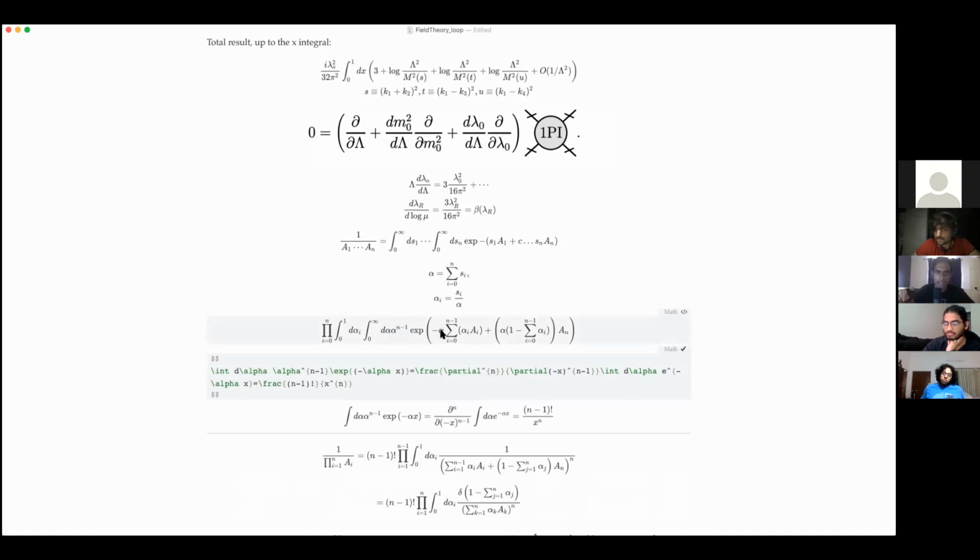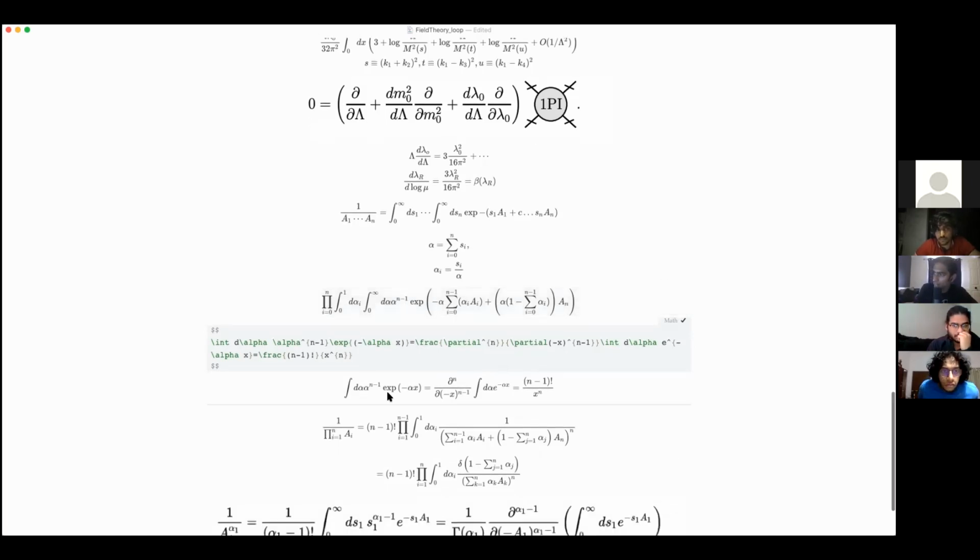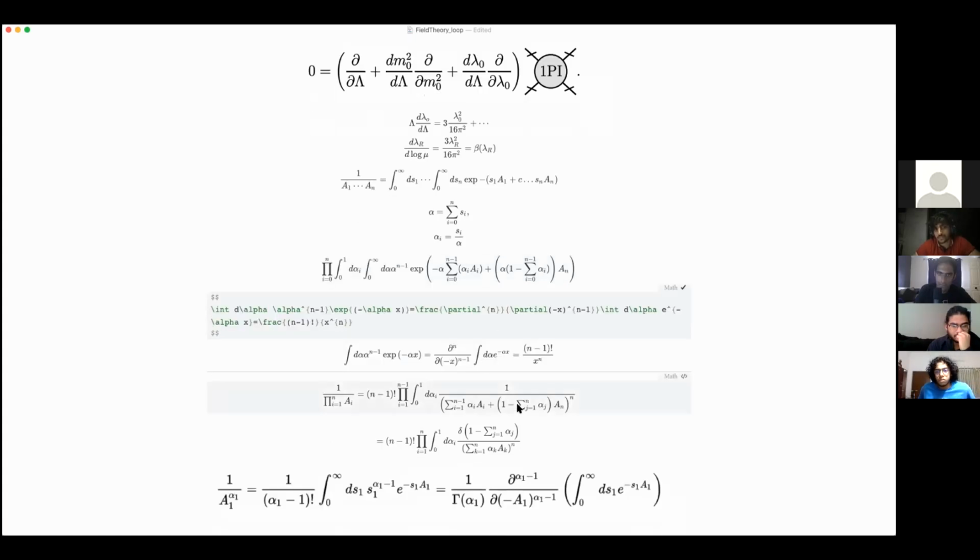Because every ds is like alpha d, everyone is contributing an alpha. And then there's an alpha integral. Then I do my alpha integral, and I get the result that follows from that. And then I rewrite it in terms of a delta function, right? So you see all these Schwinger parameters or Feynman parameters are secretly what? They're secretly proper times, sort of normalized proper times.